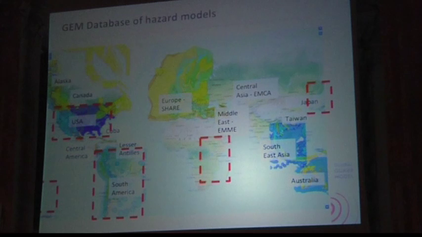And we have also new models that will come most probably by the end of this year, such as the new hazard model for the United States and the one for Japan, the model for New Zealand, published in 2012, the model that will be created within the regional program currently going on in South America, and the model for the eastern part of sub-Saharan Africa that is also currently in progress.